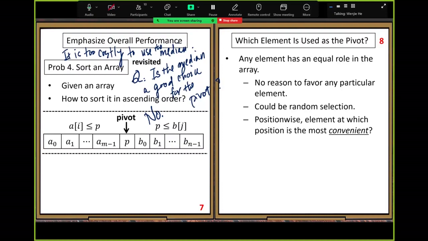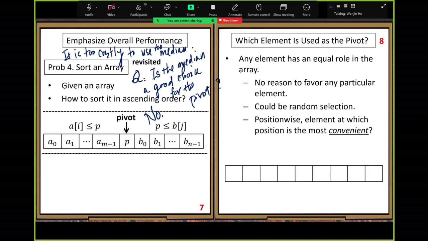In other words, let me say it this way. In a given array, you have some good locations for the pivot element, and you have some bad locations for the pivot element. If you use a bad location for the pivot element, then you need to do a lot of swap operations. If you select a good location for the pivot element, then we can do easier work for the swap operations.